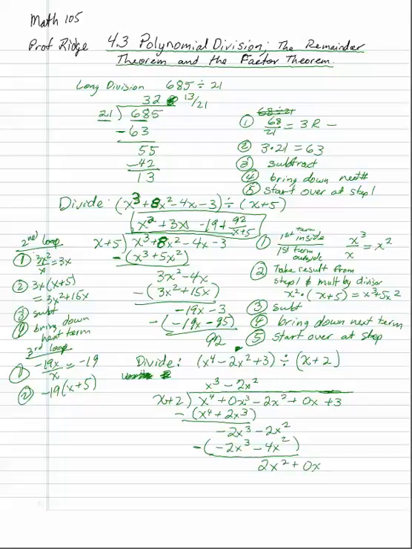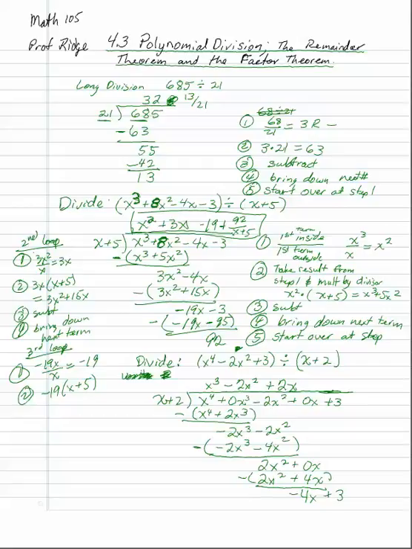And then start over. 2x squared divided by x is plus 2x. We're going to multiply 2x times x plus 2. We get 2x squared plus 4x. We're going to subtract. So we get minus 4x. Bring the next term down, and start over.